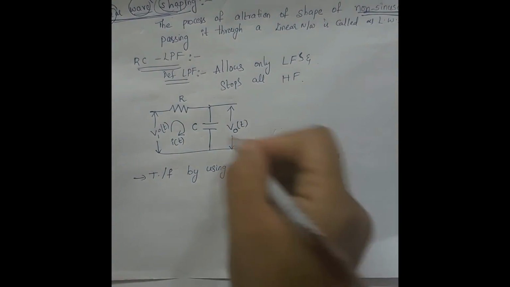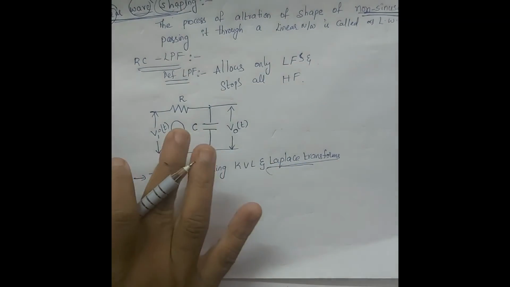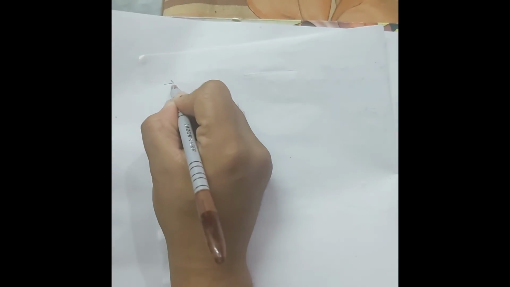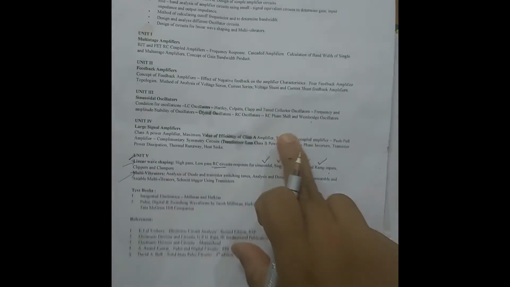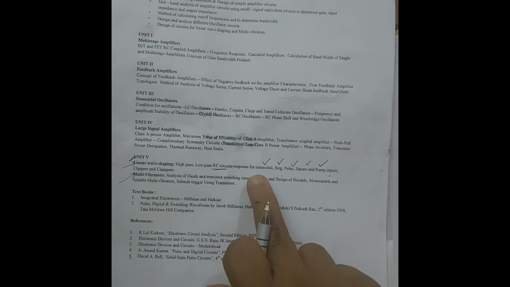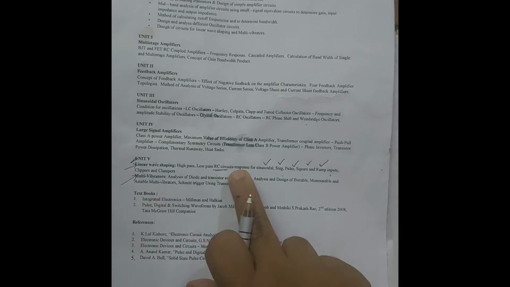So by means of Laplace transforms, we are going to solve these circuits. Now see the step by step procedure, written all these steps here, for how we are going to find the response for an input. That means, in our syllabus we have the response of our low pass RC circuit for sinusoidal, step inputs, something like that, right?